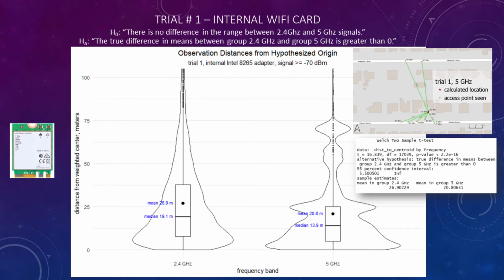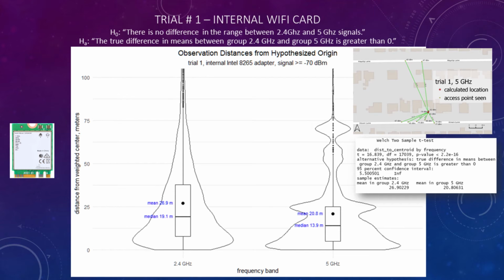With the 5 gigahertz signals, I get a bizarre multimodal density function. The reason for this multimodal density function is a question for further research. But note that the 5 gigahertz band seems to taper off more quickly, which would support the idea that the 5 gigahertz signals don't travel so far. The medians in the box plots suggest the same.